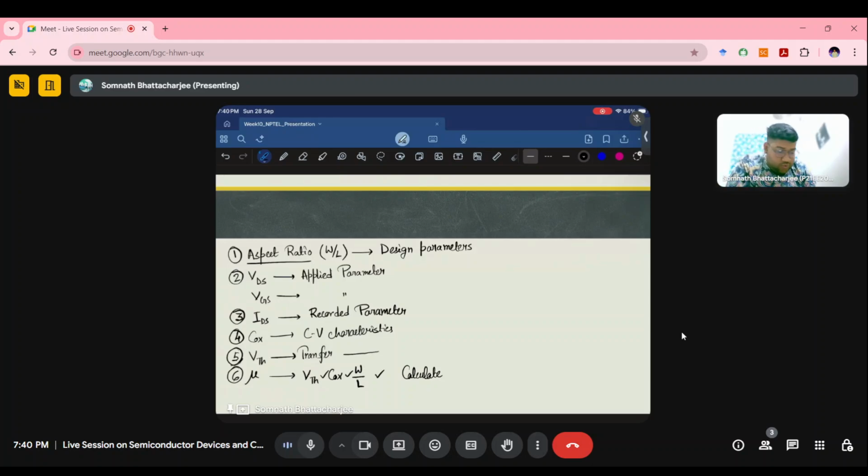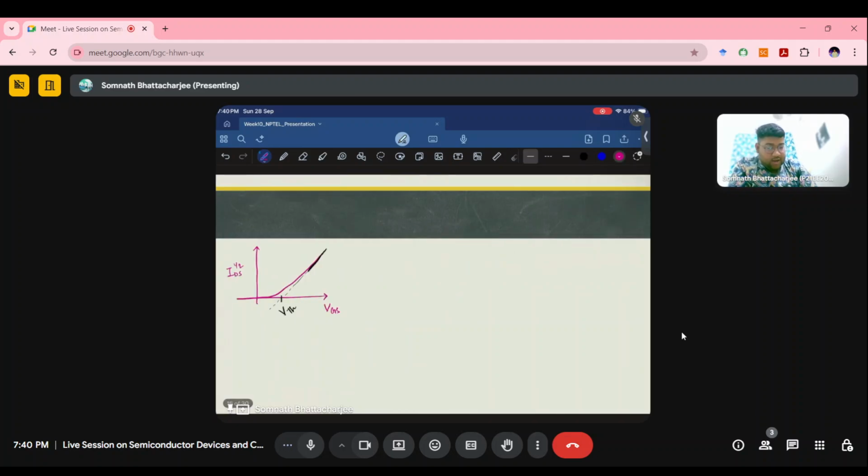Now we need to know the value of SS. To get the value of SS, we have to replot it, but now on a log ID, so on a semi-log axis. This will remain the same, but the plot will look something like this.